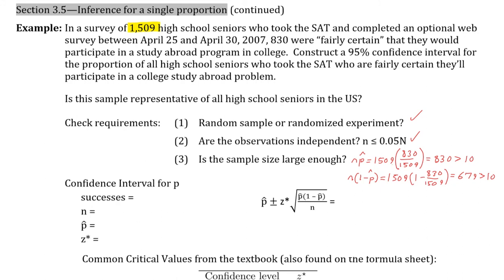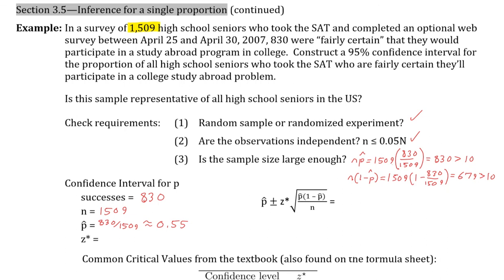The number of successes we have in this case is the number of high school seniors who took the SAT and are fairly certain that they will participate in a study abroad program. That's going to be 830. The n value is our sample size, which we already know is 1,509. P hat is going to be the ratio of 830 out of 1,509, which is about 0.55.